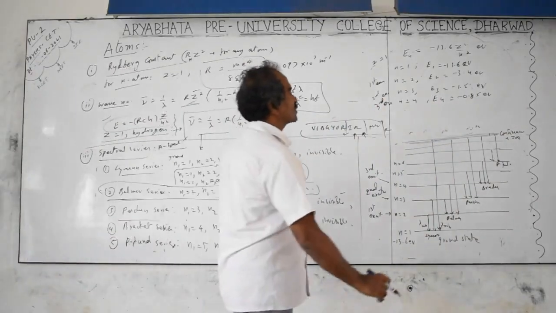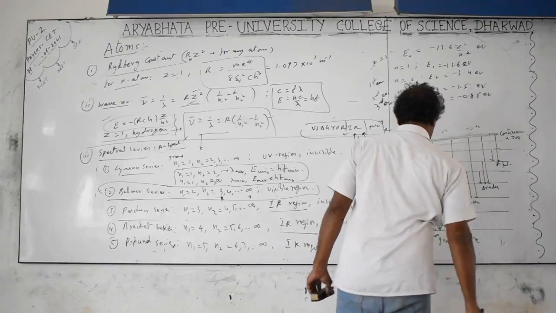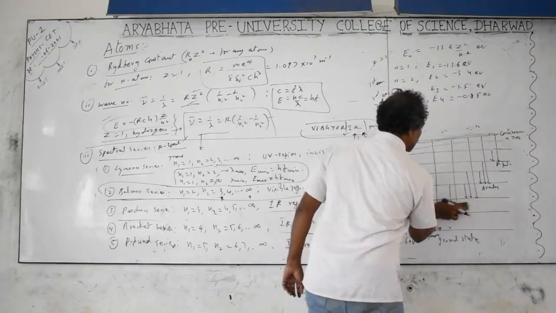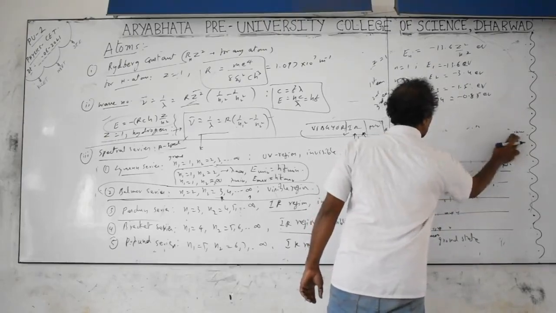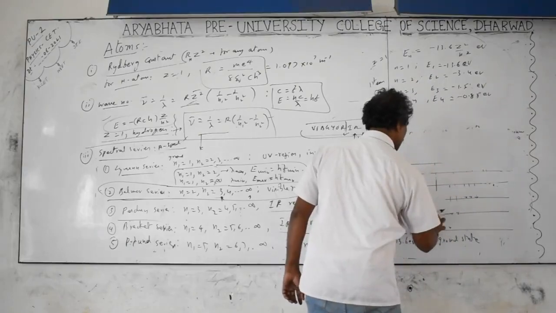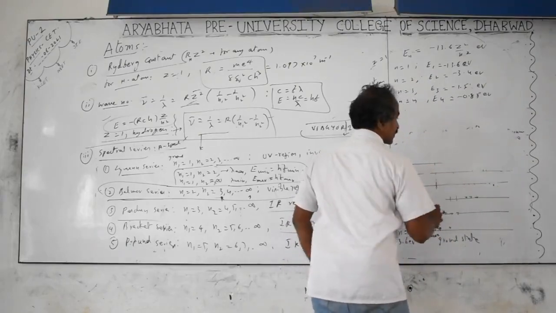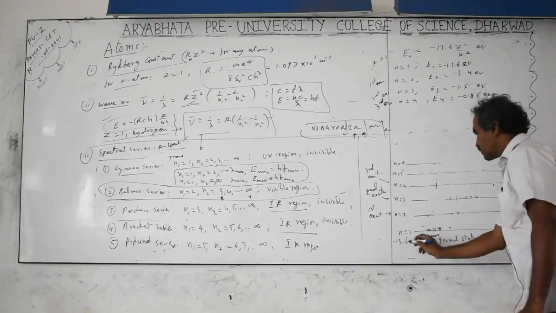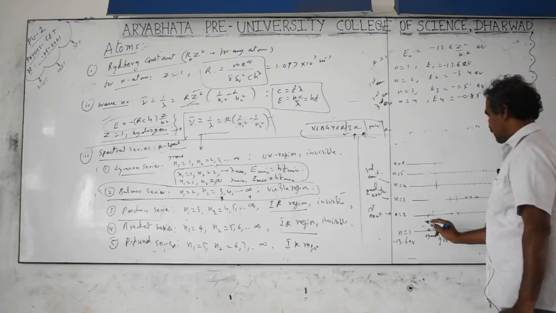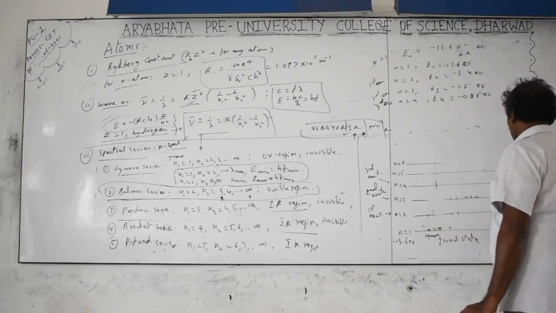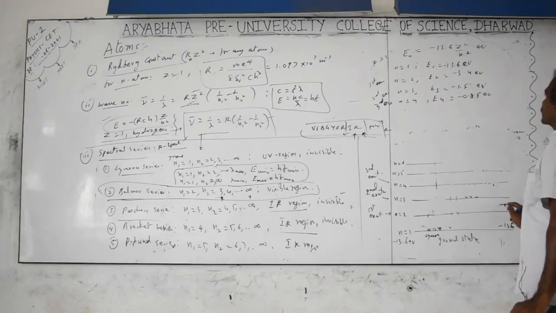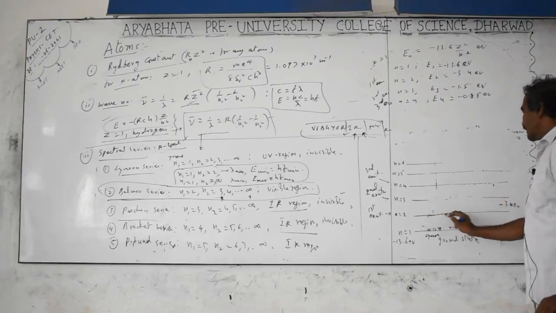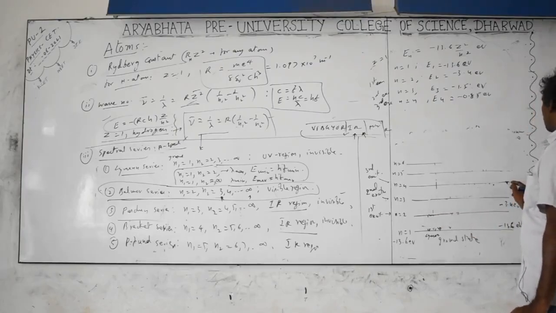So the ground state energy is equal to minus 13.6 electron volts. Next is minus 3.4 electron volts. The next energy level is minus 1.5 electron volts. Next is minus 0.5 electron volts, and so on.